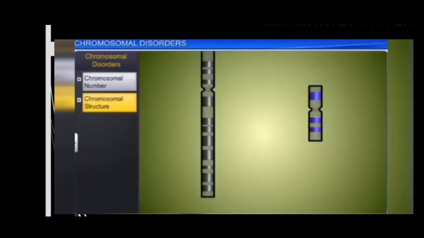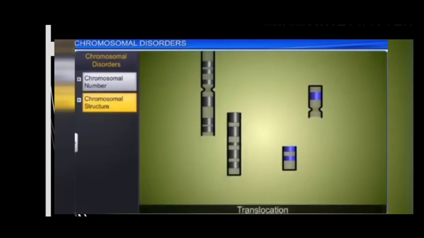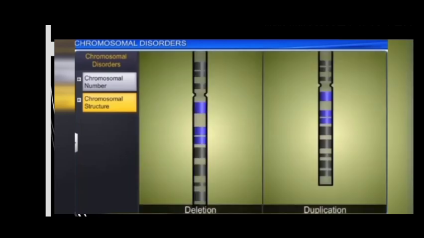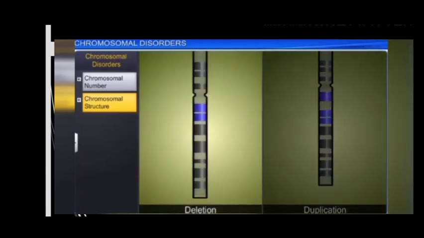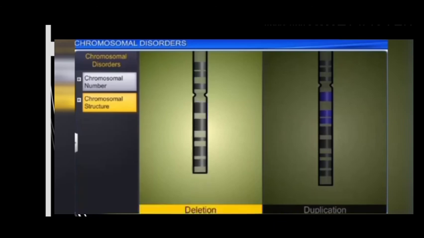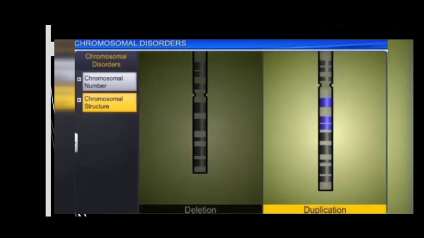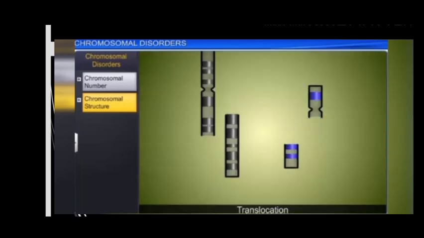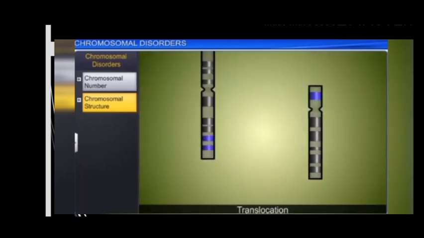Just like changes in chromosomal number, any change in the structure or arrangement of genes can lead to chromosomal disorders. Changes in chromosomal structure can take place in many forms. Sometimes a portion of the chromosome gets deleted, or sometimes it can get duplicated, or it can get transferred to another chromosome.